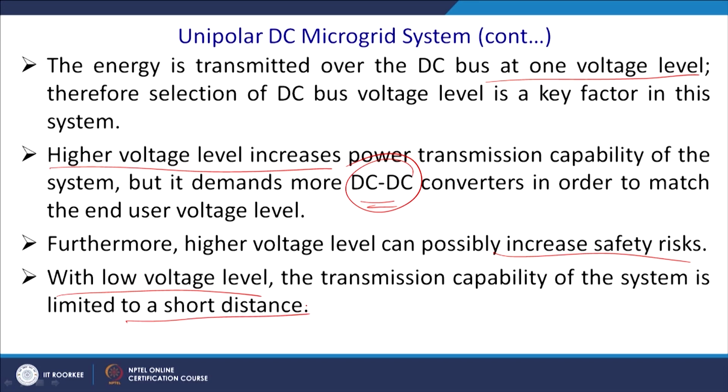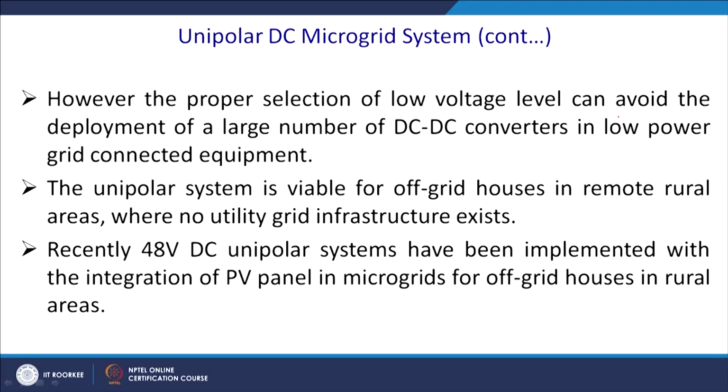So, you require a small distance to cover, otherwise if you are sending big power at a low voltage, automatically the current is more, and thus you will cause a huge copper loss in the DC system. For this reason, the proper selection of the low voltage level can avoid this.